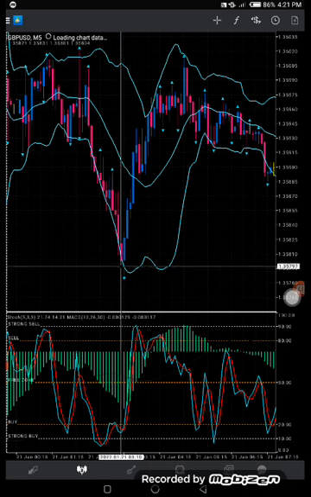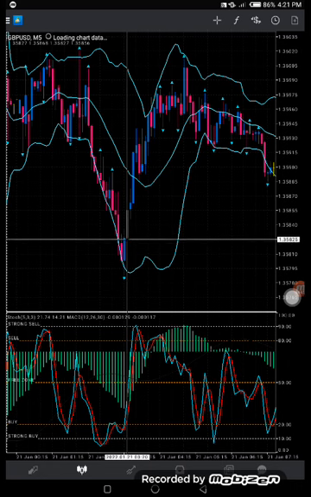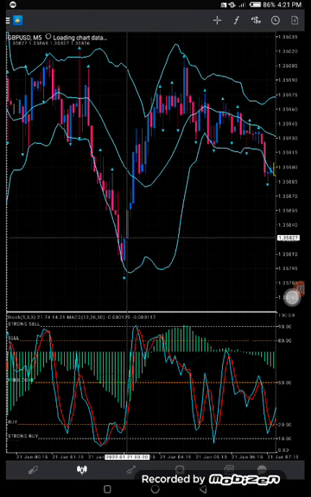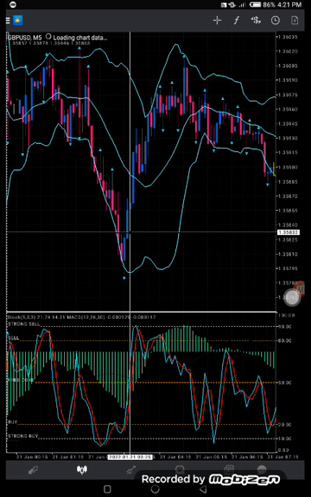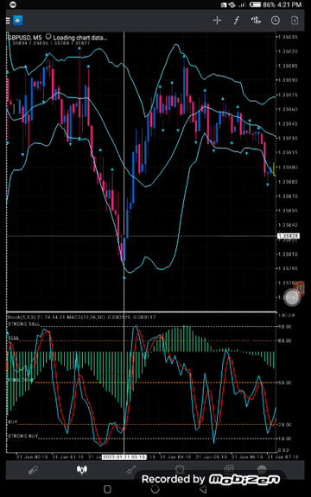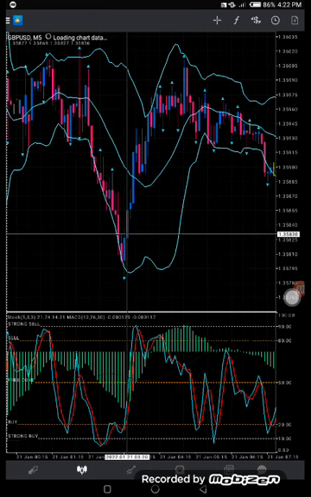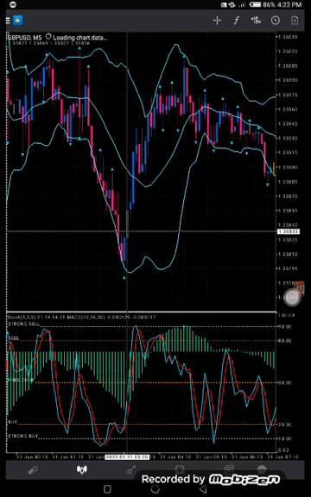Note, let's say you enter your trade here. You take your position here right now. Your stop loss is placed here, and this is where you enter your position, and then this candle closes bullish, in profit for you. Please always remember to move your stop loss that is below your entry position to a little bit above your entry position, in case the market wants to do a retest, so it will not cut you off.